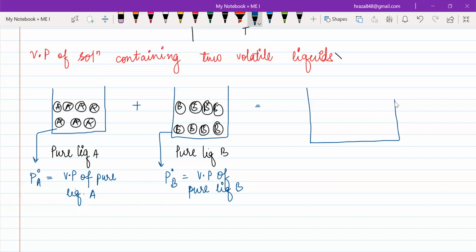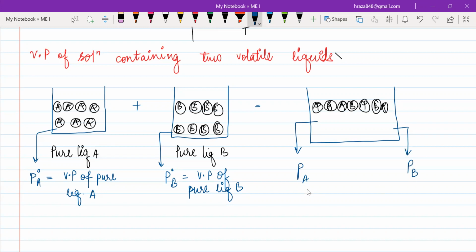And you can see there is a bigger container. You are going to mix this solute and solvent. So it will be like this. They will mix up with each other: A, B, A, B, A, B. Whenever more than one substance is present, we say PA and PB.